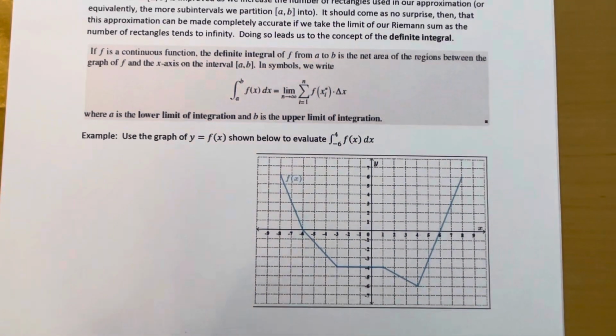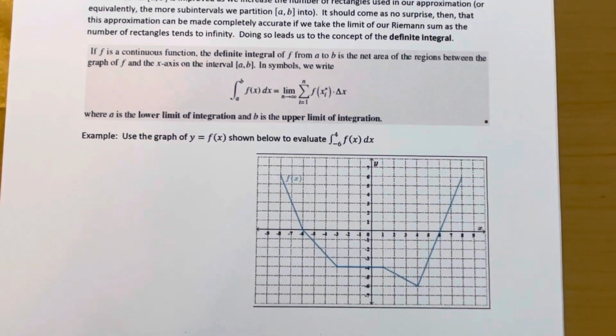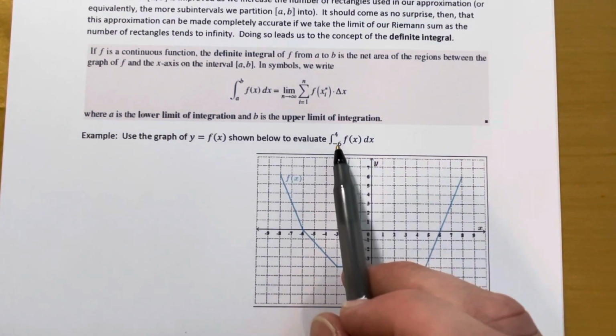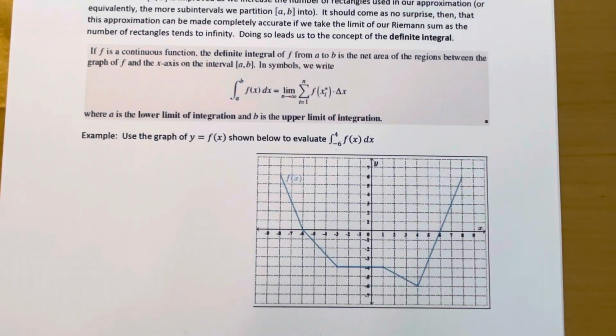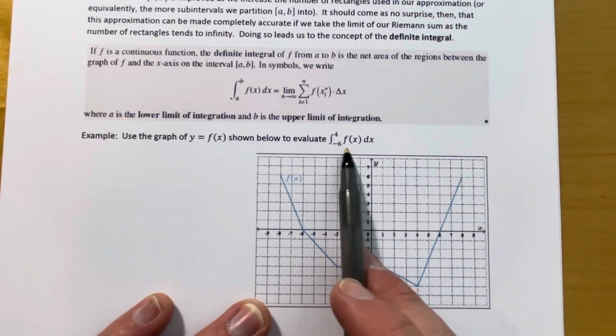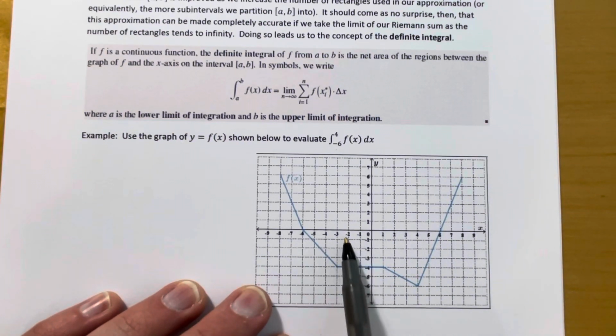Okay, so first of all, again, we have seen this symbol before, this for indefinite integrals. The way that you know that you're looking at a definite integral instead of an indefinite one is if those numbers appear there, if you have those limits of integration. So I don't have a representation of f of x algebraically, I just have a graph to look at. Let's refer to the graph.